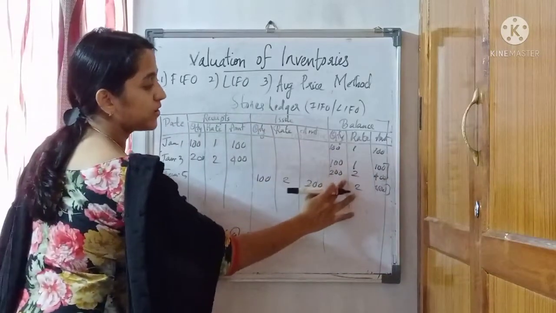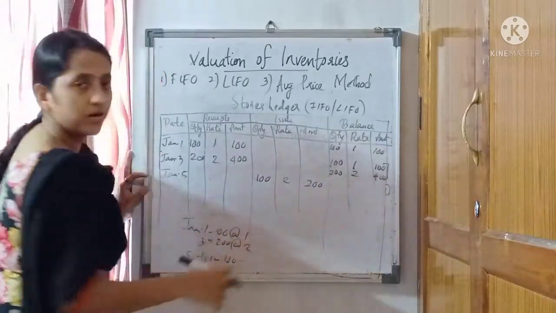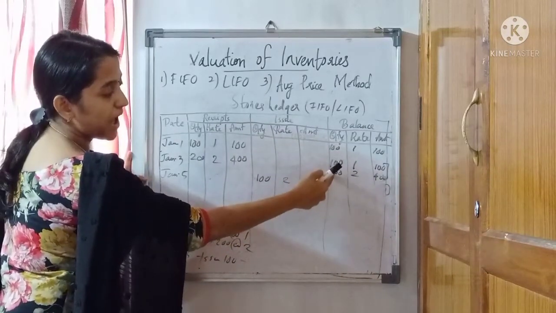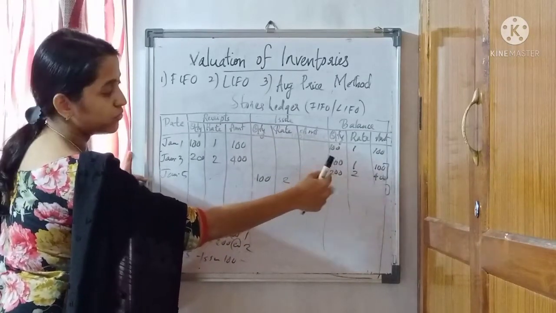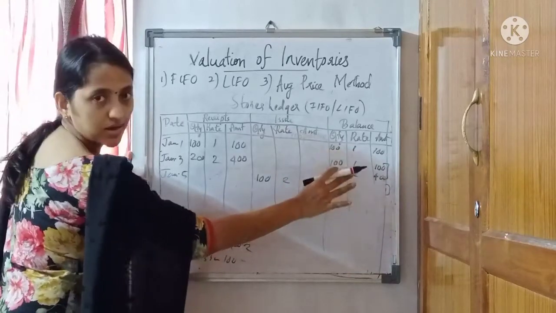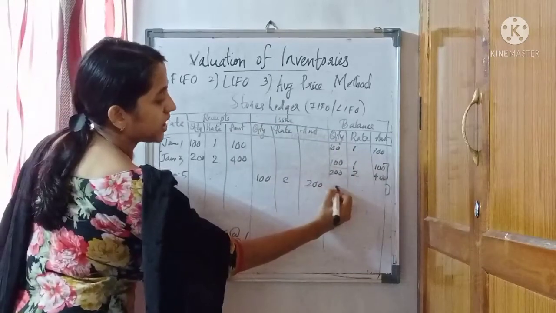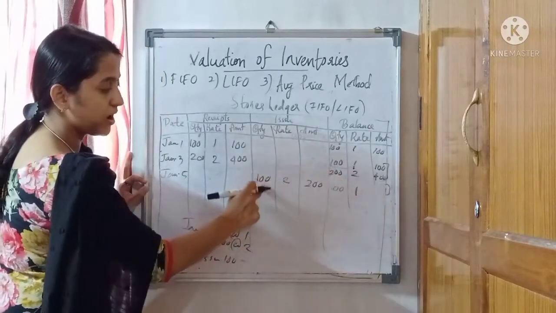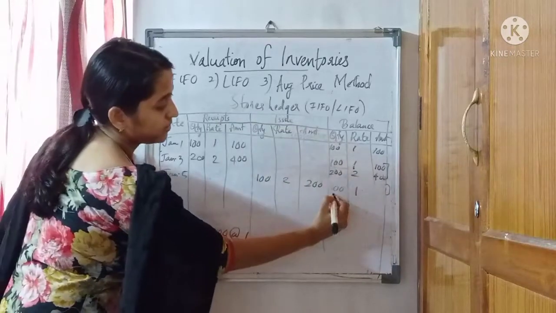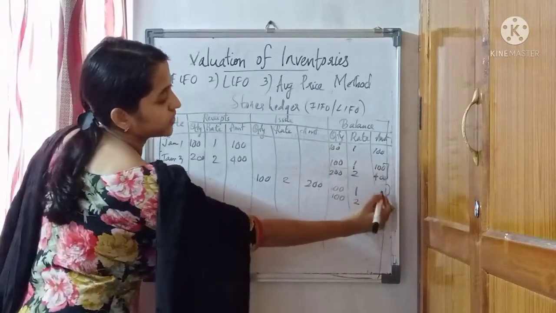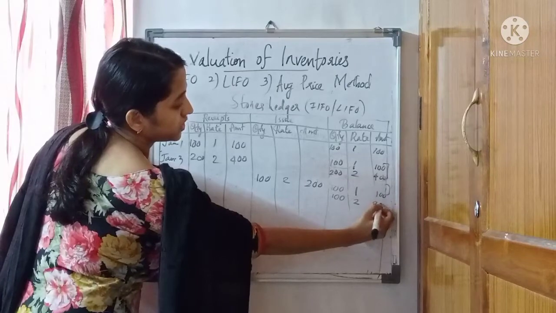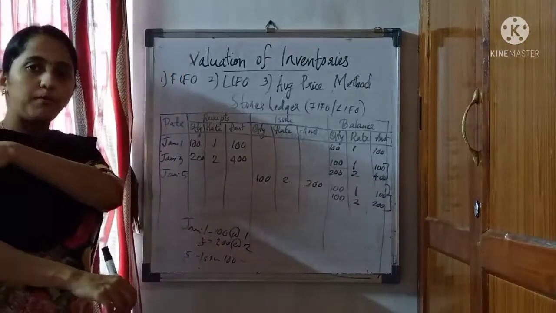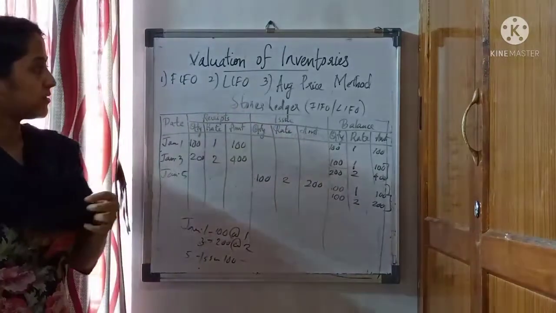The closing stock will also change, because under LIFO method we have issued from this lot. So we have to do the balance. This 100 is there itself, we have not touched it, so it is 100 into 1. And from the 200 we took 100, only another 100 is left at the rate of 2. So this will be the closing stock. Okay, so this is how to do the problem of FIFO and LIFO method.